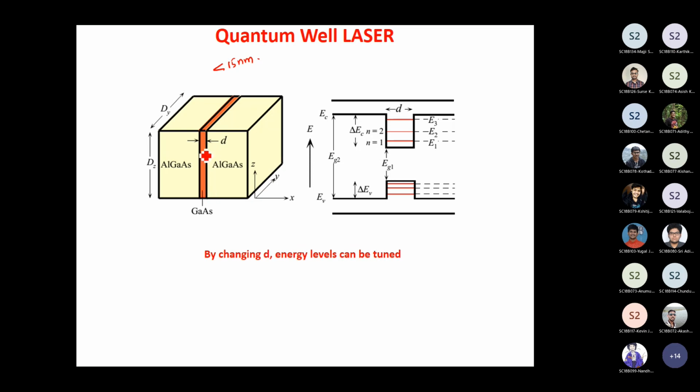Once you have layers which are so thin, the electrons and holes inside this layer will not be able to take continuous values of energies. Rather, the energy of the electrons and holes would be discretized. So you are going to have discrete energy levels for these electrons and holes. This is the conduction band, this is the valence band.